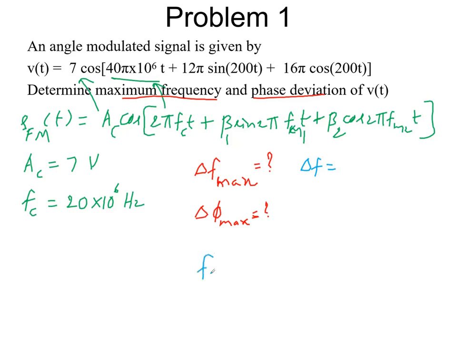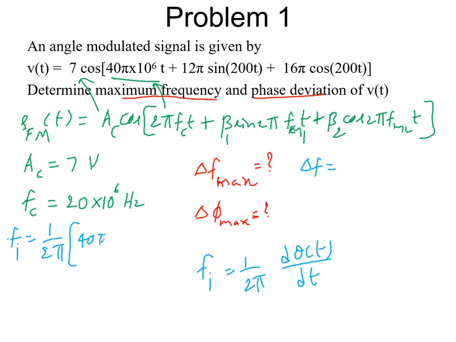You know your instantaneous frequency is 1 upon 2 pi d theta of t by dt. Now if you use the same formula here, how can you get your instantaneous frequency? Then if you put it in the same formula, your fi you may be getting as 1 upon 2 pi, then d by dt of 40 pi into 10 power 6 t, that will be equivalent to 40 pi into 10 power 6, since the derivative of t is 1 itself.